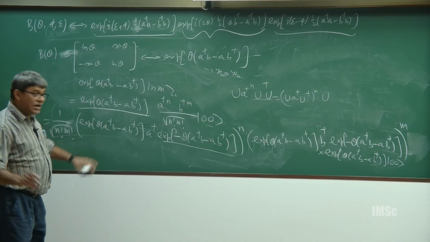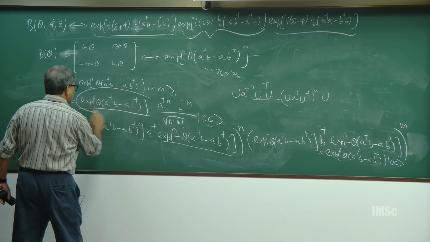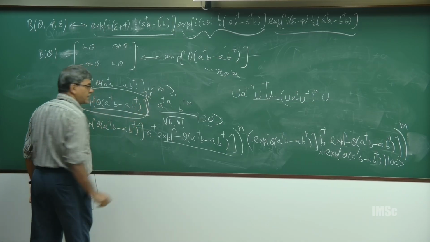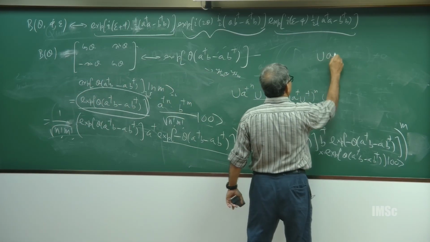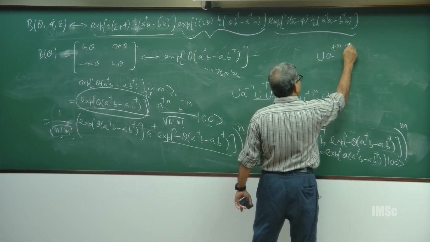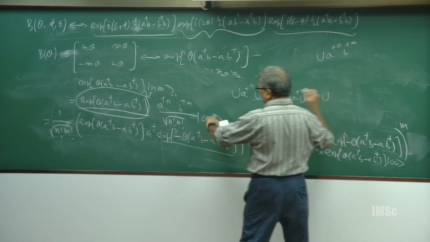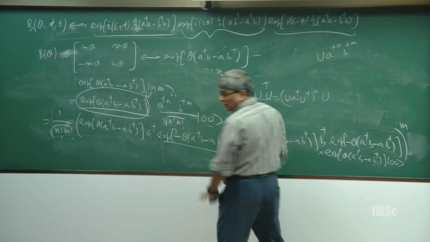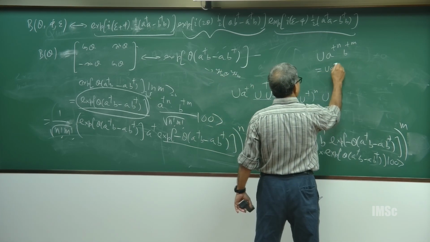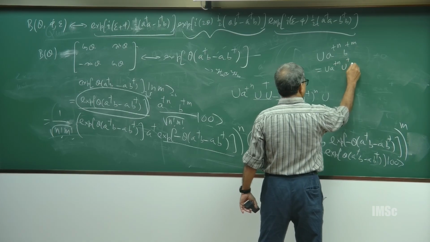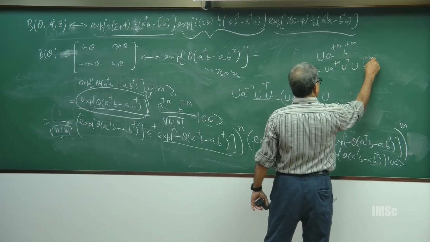Let me make my life easier. Call it U. This is U A dagger to the power n, B dagger to the power m. Forget about this part, this part and this one. So this is unitary. So what I will write is A dagger to the power n, U, B dagger to the power m.